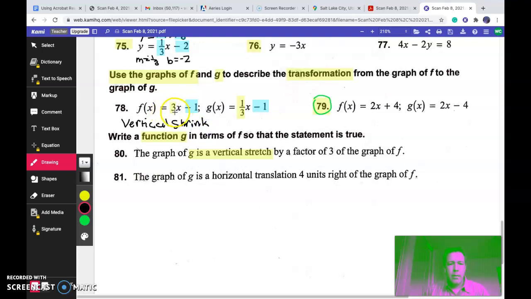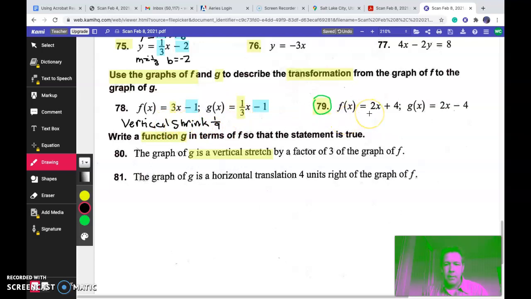And from 3 to 1/3, it's actually a factor of 1/9, because you would multiply 3 by 1/9 to get it to be equal to 1/3. Okay, so that is how you do vertical shrink.